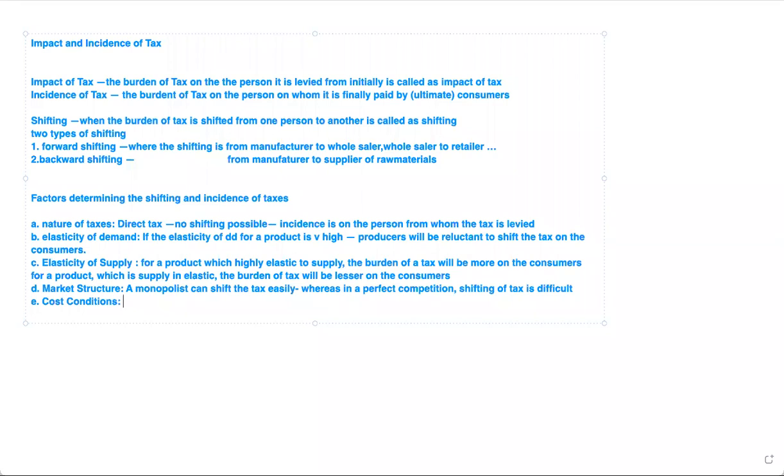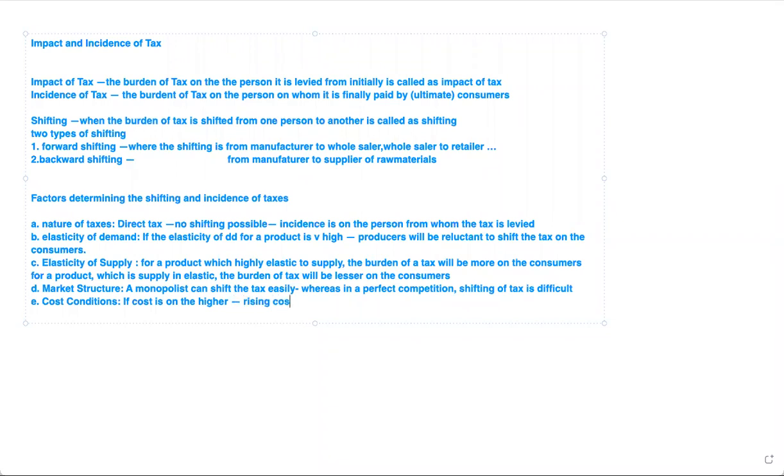Now, if the cost is on the higher side, more specifically, I'm not using the word inflation here. More specifically, if the cost is rising for any product, right?